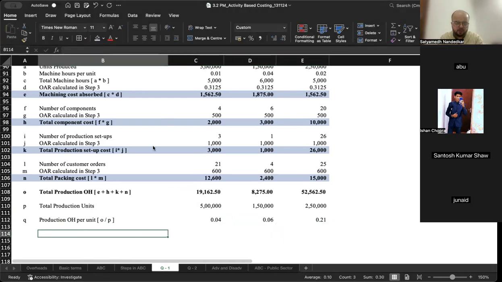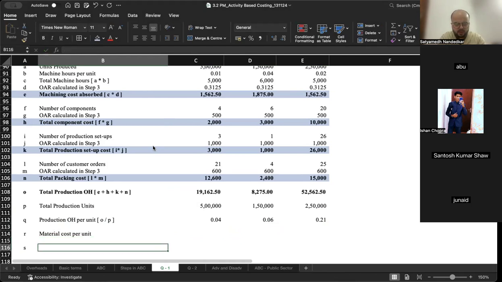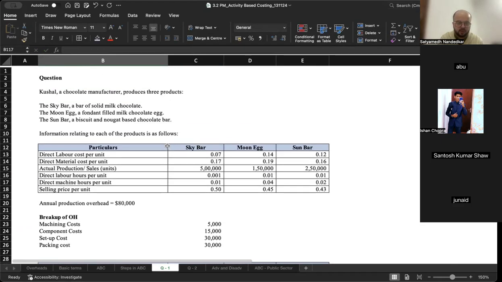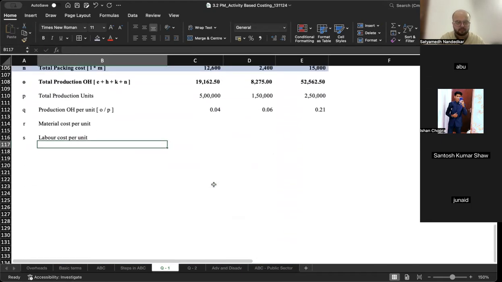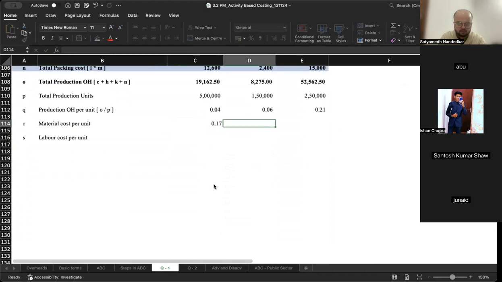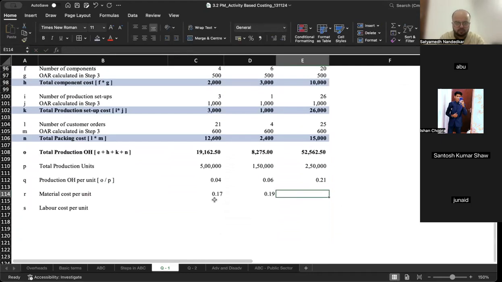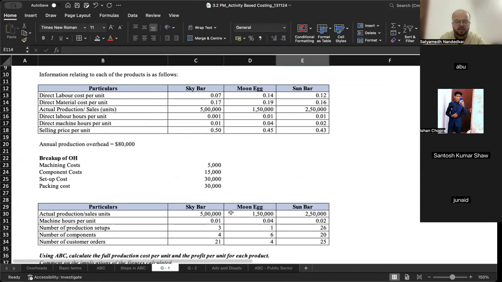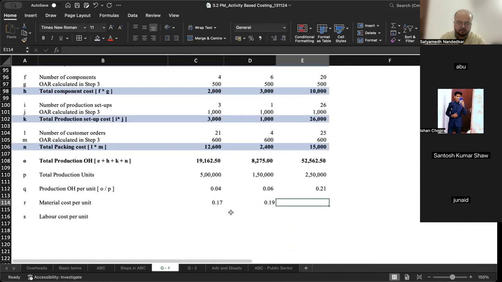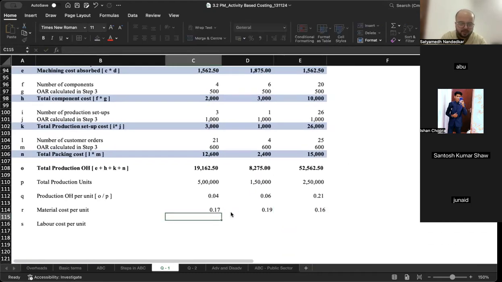Okay, now R and S. R is material cost per unit. S is labor cost per unit. Material cost per unit 0.17, 0.19, and 0.16.